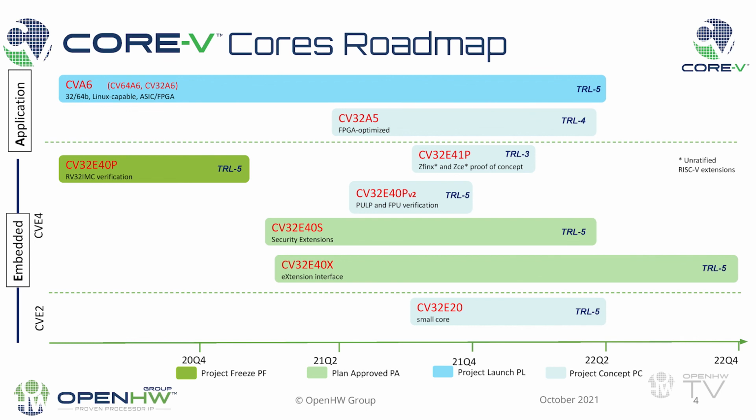Worth mentioning is that they share the same RTL code base, and they inherit from the Ariane core from ETH Zurich. And the last addition to this roadmap is the CV32A5 core. So it's the Tiger core from Simon Fraser University. It's a prototyping project, and it targets FPGA.